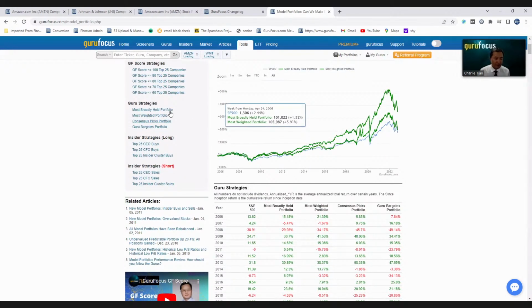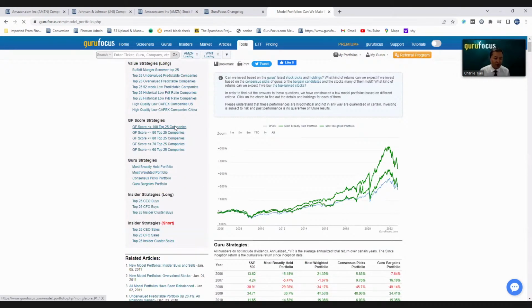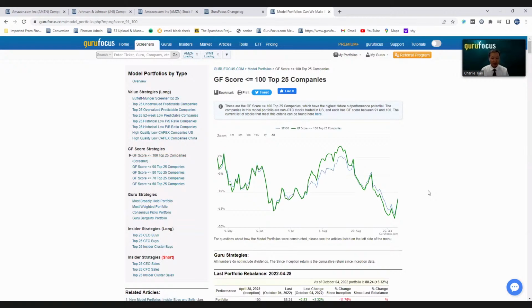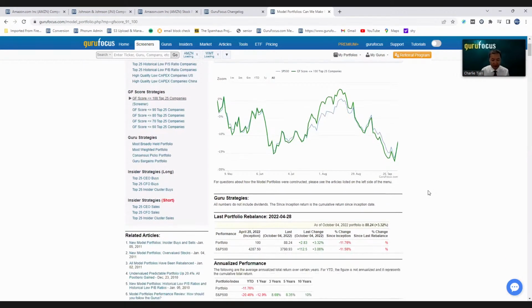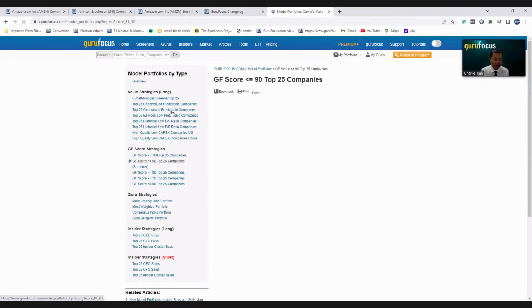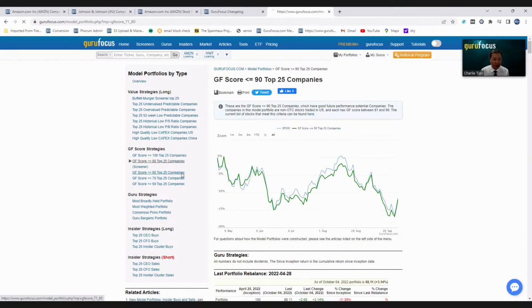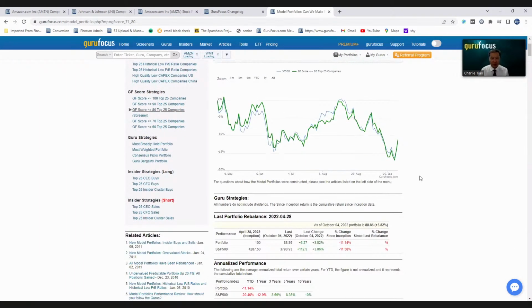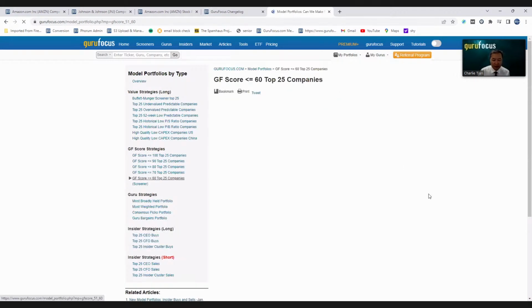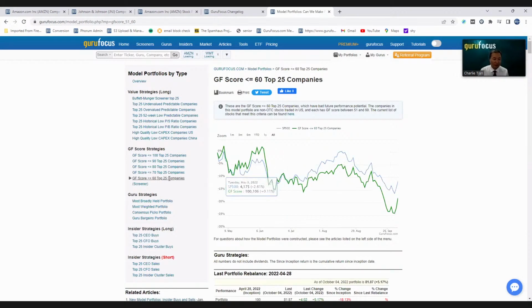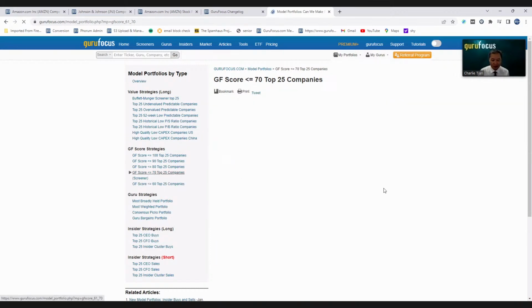We also have this GF Score strategies portfolio, which we started this year. For different GF Scores, we created different model portfolios. We'll check their long-term performance. This page is updated daily. So far, we have seen an overall trend that companies with low GF Scores do poorly.